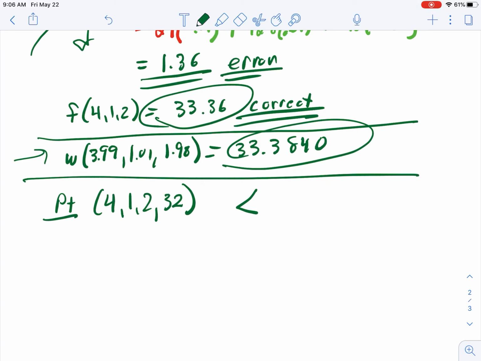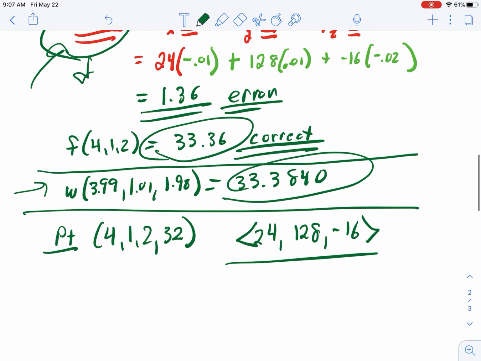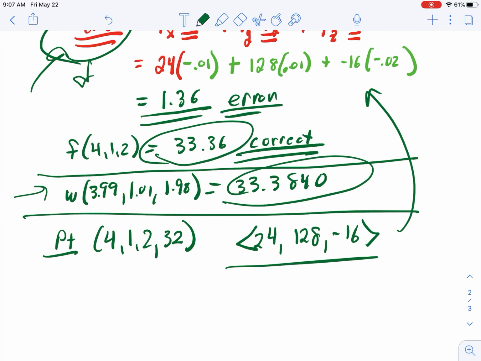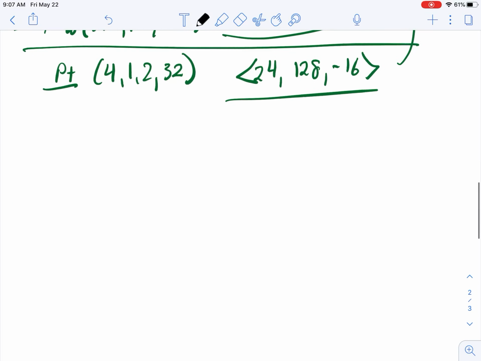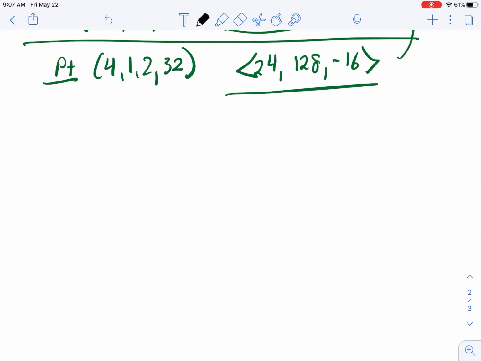So there's my point. And my slope was 24, 128, and negative 16. That's all from up here. Okay, so now let's go ahead and do the tangent plane. So we have an equation here.